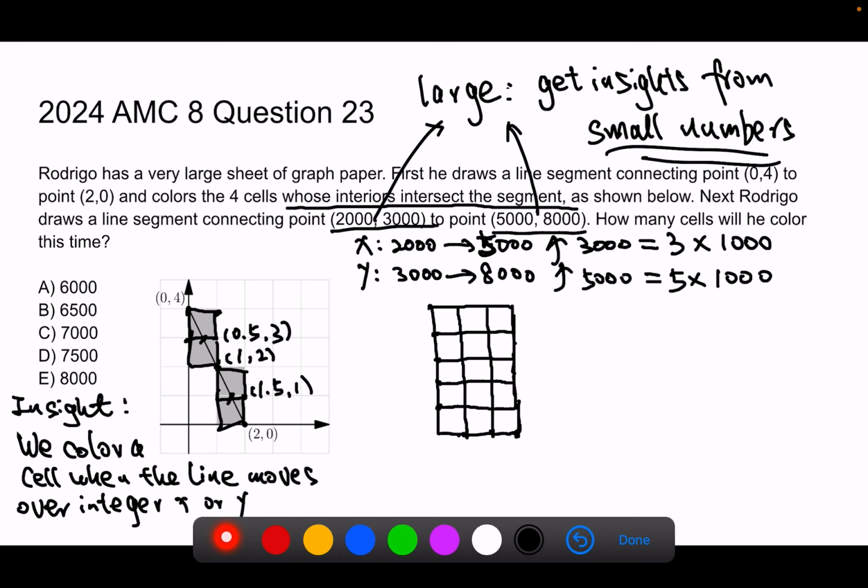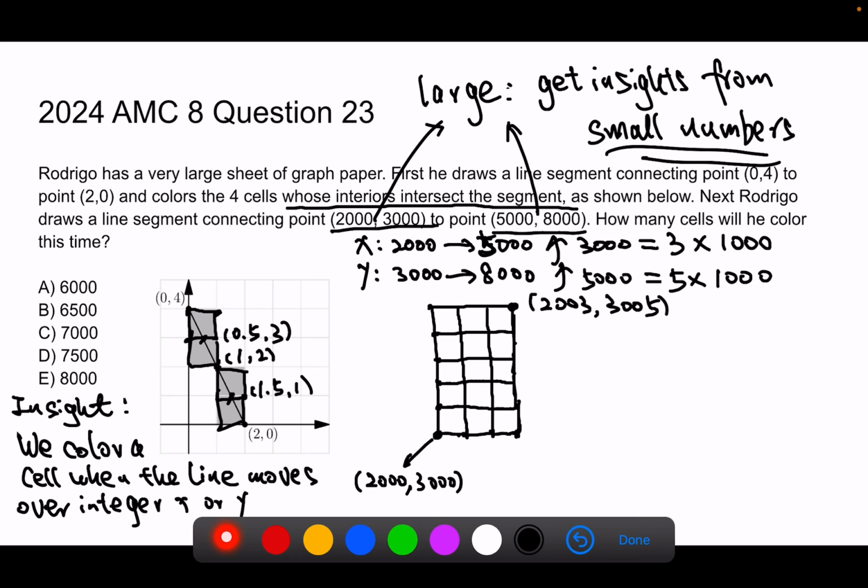All right, this is the 3 by 5 rectangle. Its starting point is going to be my (2,000, 3,000). And its ending point here is going to be (2003, 3005). So this is a move by 3 and 5.